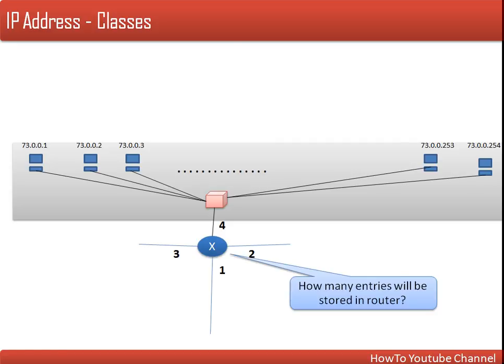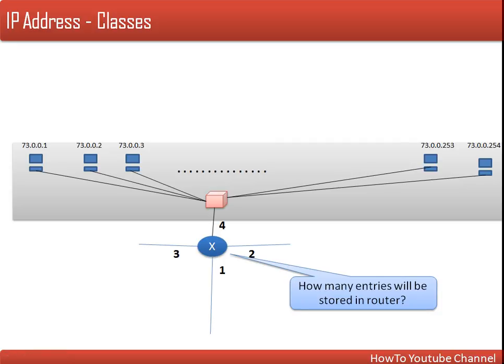So the question is how many entries this router is going to store for this network. Is it going to store one entry for each node? If so, the routing table will be very huge.